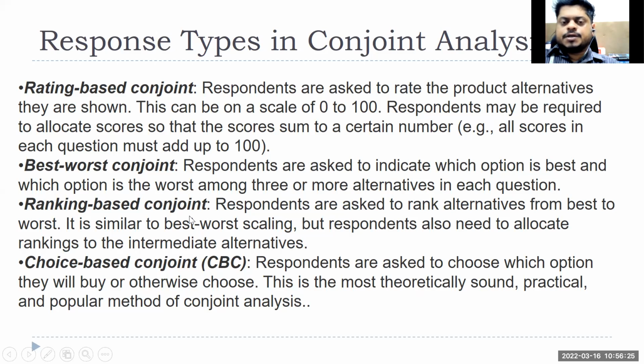Ranking-based conjoint is similar to rating but a little bit different. In ranking, ranks cannot repeat. That is the difference between rating and ranking. In rating, out of 9 products, I can give 6 products the same rating of 5 or 6, and the other 3 products the same rating of 7 or 8, right? That is possible in a rating.